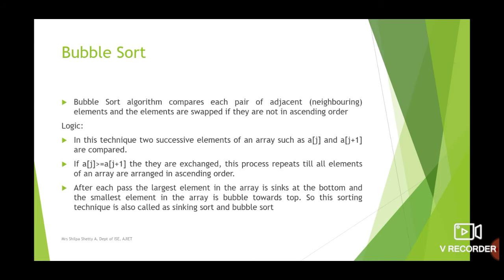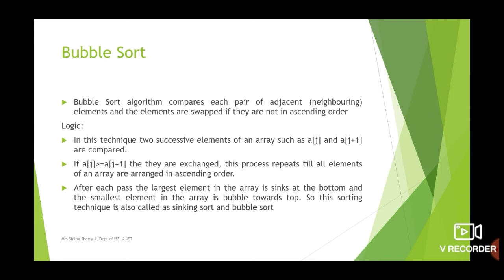For example, imagine that we have an array of size 5. That means there are 5 elements in the array. Now the bubble sort algorithm works this way. First, the first element is compared with the second element. If they are not sorted, then swapping is done, that is, the first and second elements are swapped.